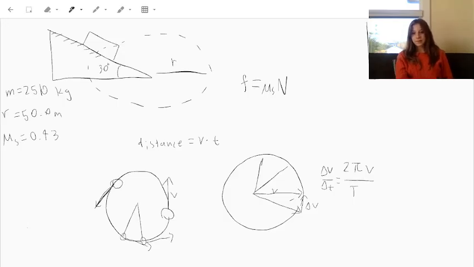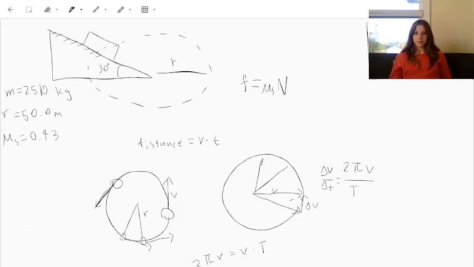So the distance we've traveled if we've gone around the whole circle, with radius r, is a full circle, so that's 2 pi r. So 2 pi r is equal to v times t. T is specifically the period of going around, making one full cycle, so I'm substituting that in for t. We want to figure out what t is.